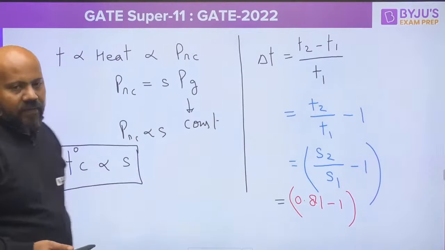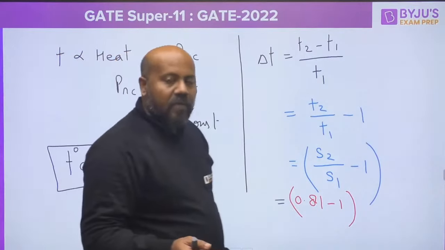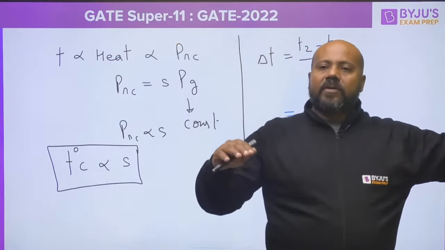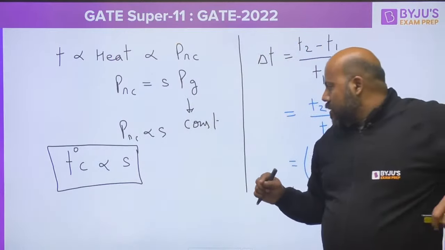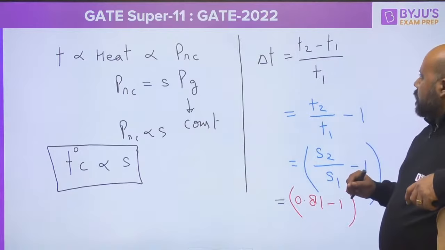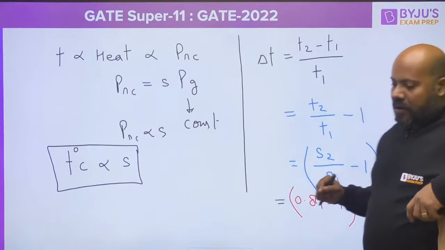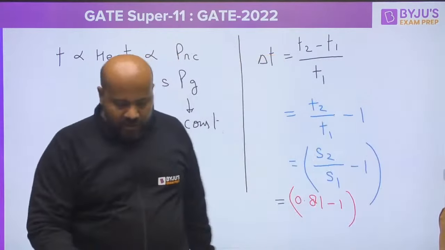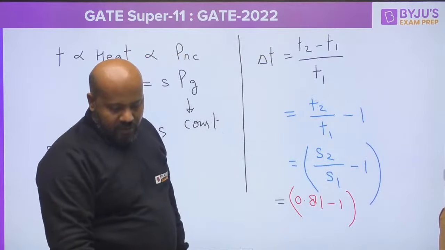If you are getting a negative value, then don't worry, because the voltage is reduced, so the speed is reduced. Let me check something I have done wrong. Just a moment.